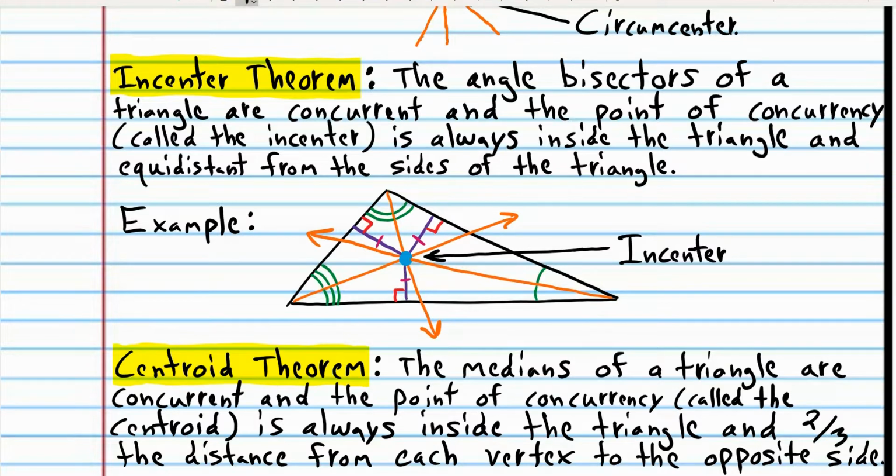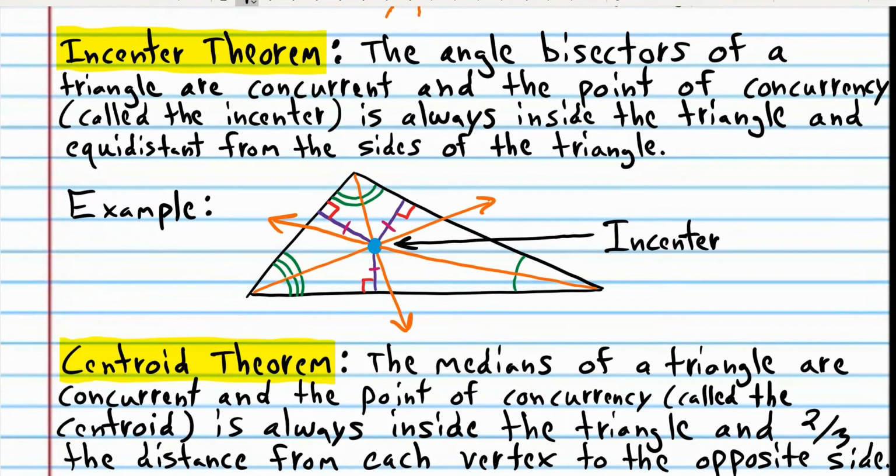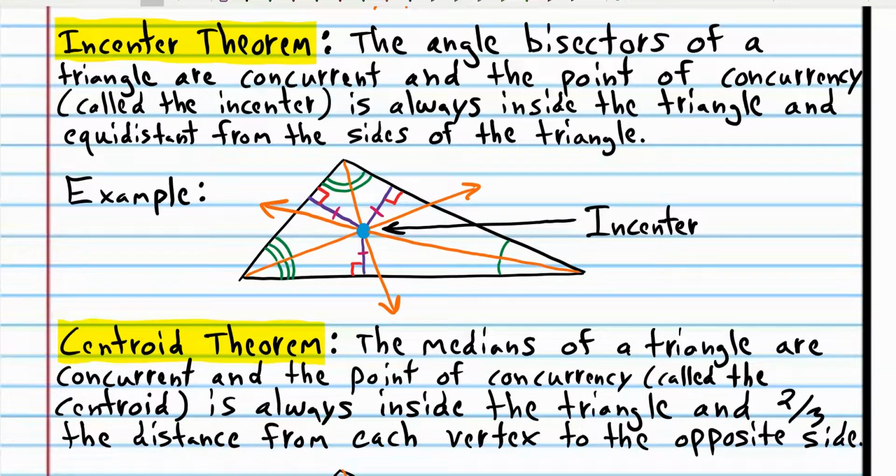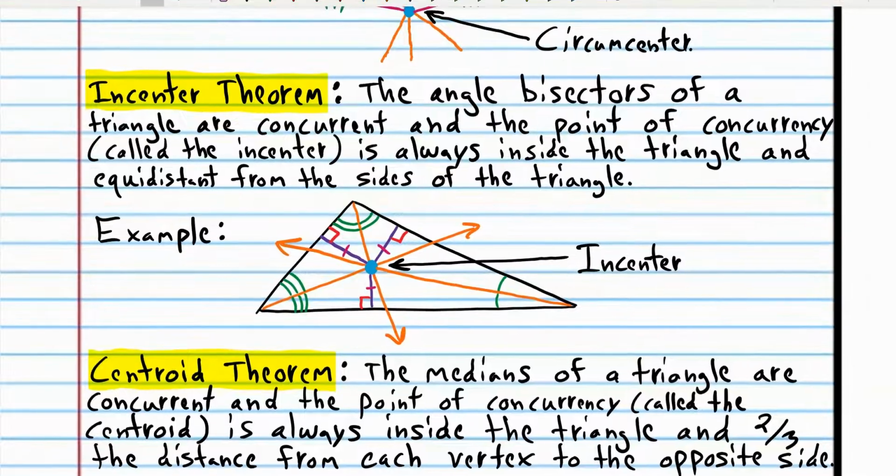Now we're going to the Incenter Theorem, which uses angle bisectors. If you draw all the angle bisectors, then the Incenter Theorem tells us that those angle bisectors are concurrent. They all meet at the same point, this blue dot again. So those angle bisectors of any triangle are concurrent, and that point of concurrency is called the incenter.